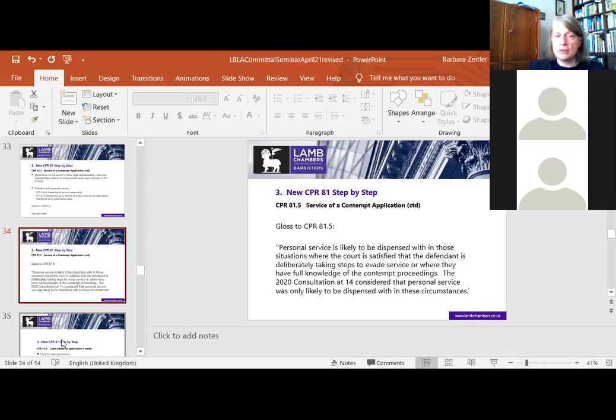And I've quoted you in this slide here a verbatim quote of a circumstance where personal service is likely to be dispensed with, namely in circumstances where the court is satisfied that the defendant is deliberately taking steps to evade service, or where they have full knowledge of the contempt proceedings.